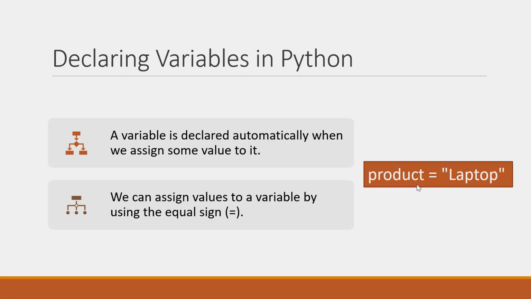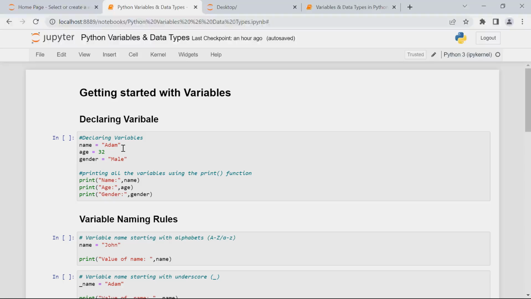So now let's look at the example related to variable in Python. So for the example execution, I will be using Jupyter Notebook. You can use any of the tools as per your choice. So let's look at the first example. So in the first example, we have declared three variables: name, age and gender. Now the name variable is of string type because Adam is a string value assigned to it.